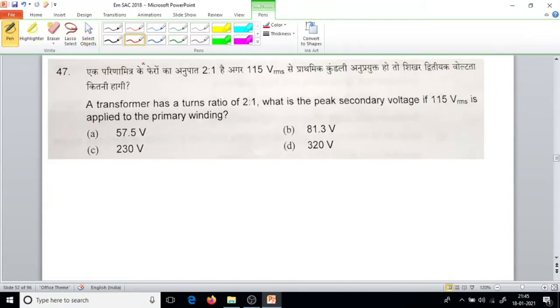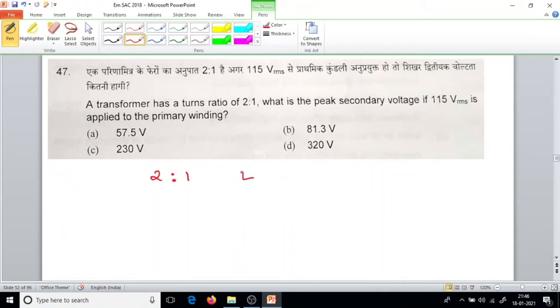Question number 47. A transformer has a turns ratio of 2 is to 1. What is the peak secondary voltage if 115 volt VRMS is applied to the primary winding? Now turns ratio is given by 2 is to 1. What is turns ratio?